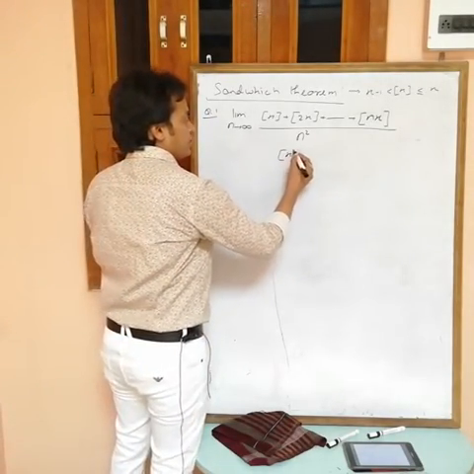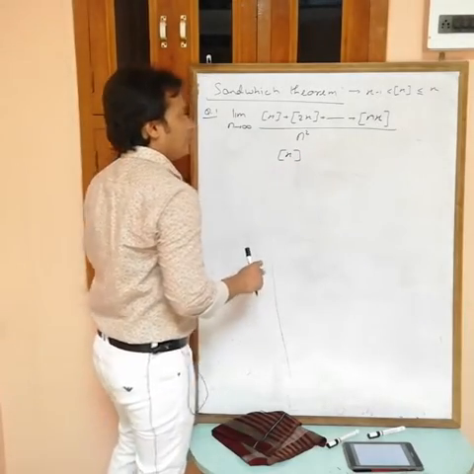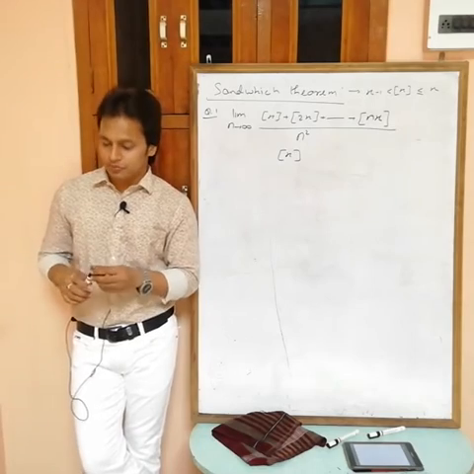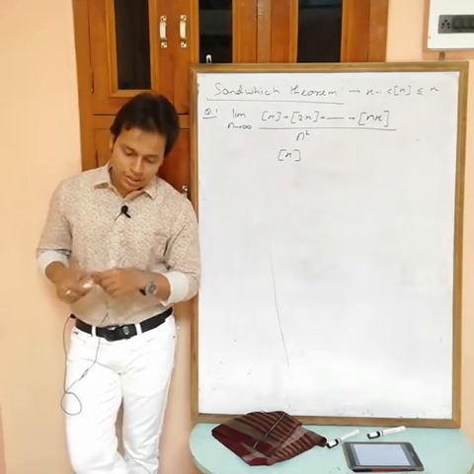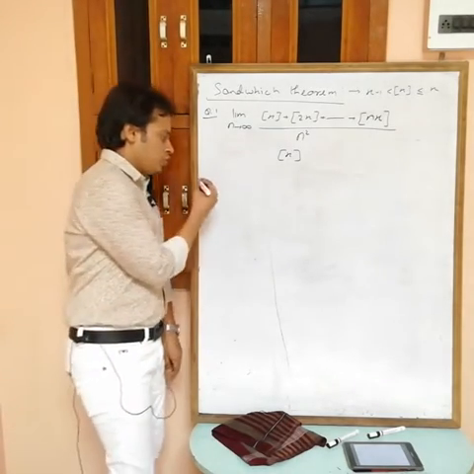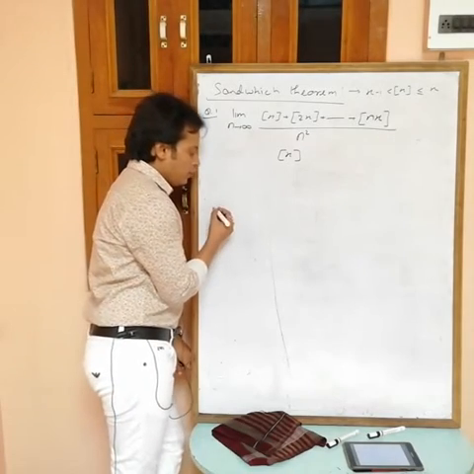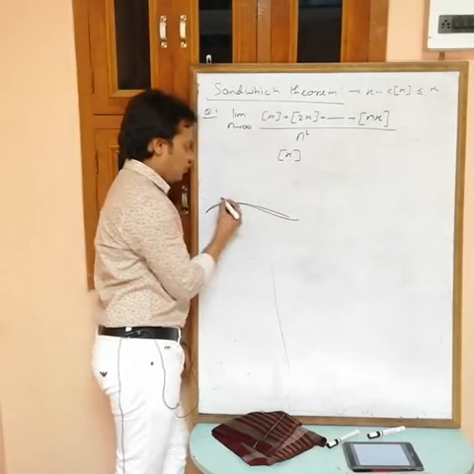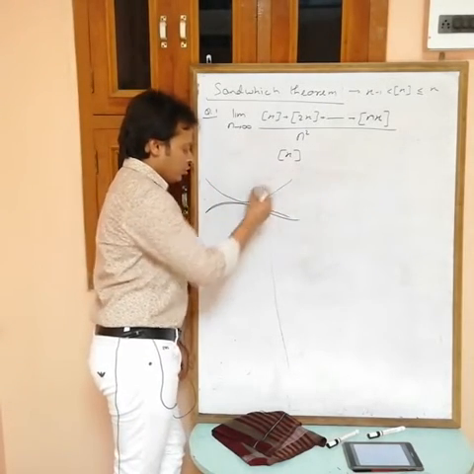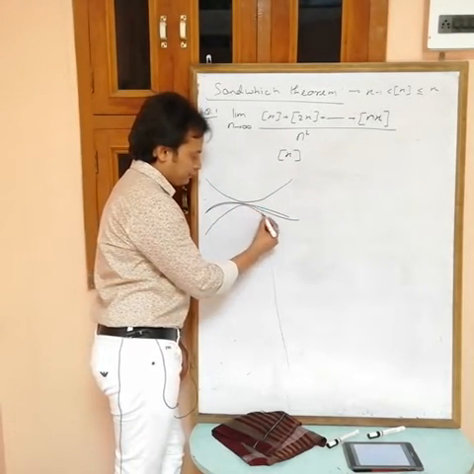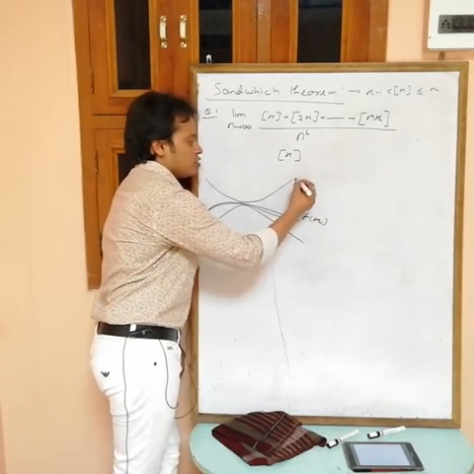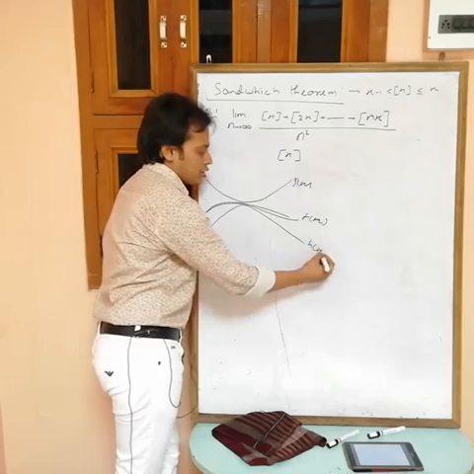I can say that the greatest integer of x, one minute. But what is the sandwich theorem? Actually, the sandwich theorem is like this. Suppose you have a function for which you know one thing, that this function always lies between these two functions. Suppose this is f(x), this is g(x), and this is h(x).